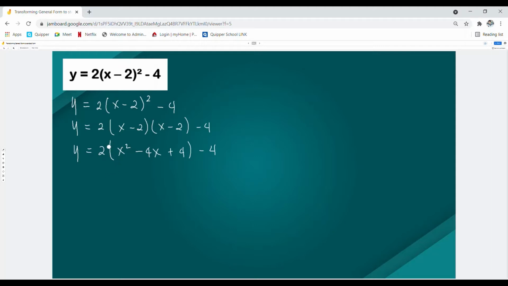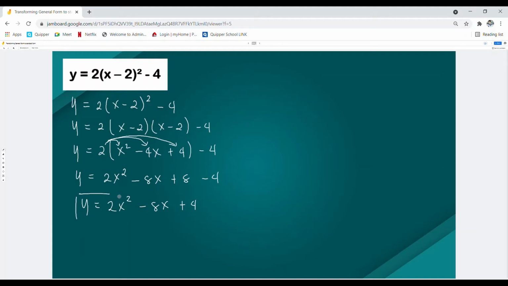So if you distribute, you will be able to get it. This is now y is equal to 2x squared minus 8x plus 8 minus 4. What will happen? It becomes 2x squared minus 8x plus 4.